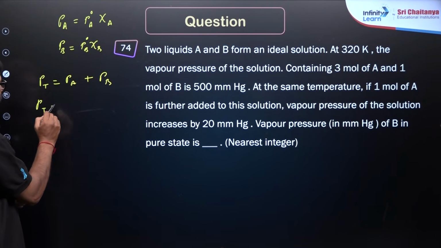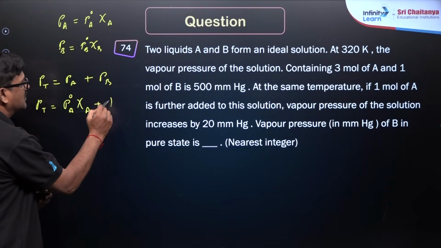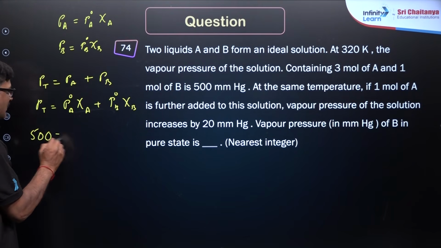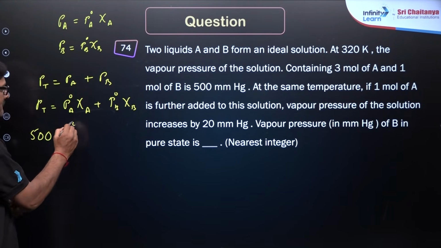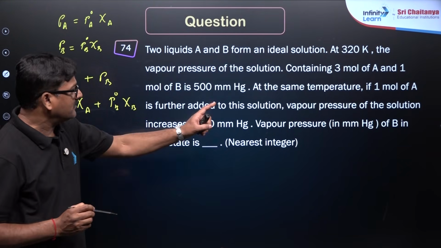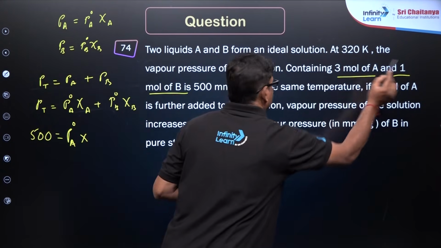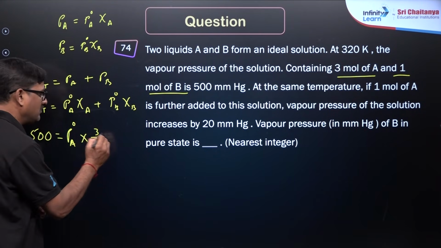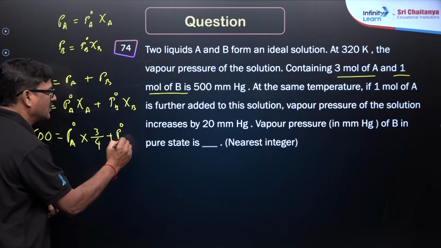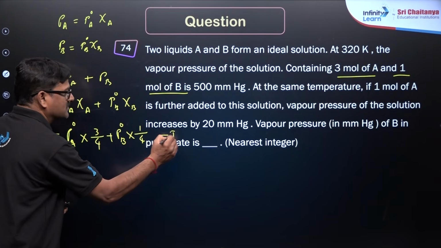So Pt is equal to P naught A mole fraction of A plus P naught B mole fraction of B. So it becomes 500 when you take 3 mole of A and 1 mole of B: P naught A into 3 upon 3 plus 1, which is 4, plus P naught B into 1 upon 4. So this is equation number 1.